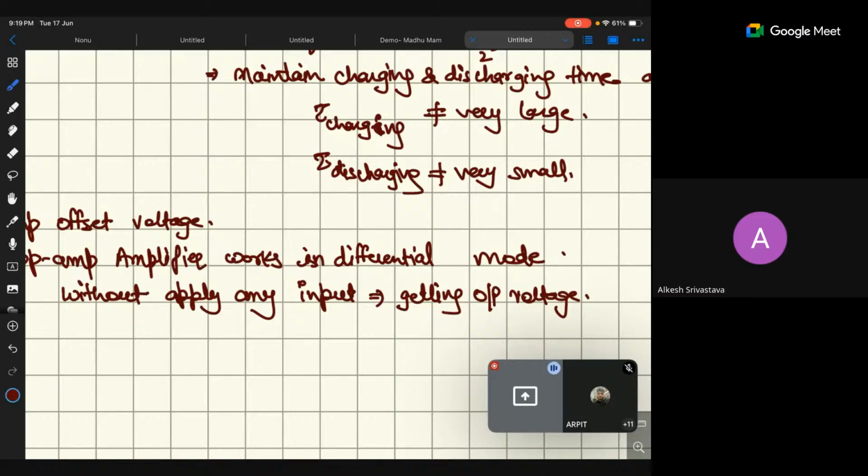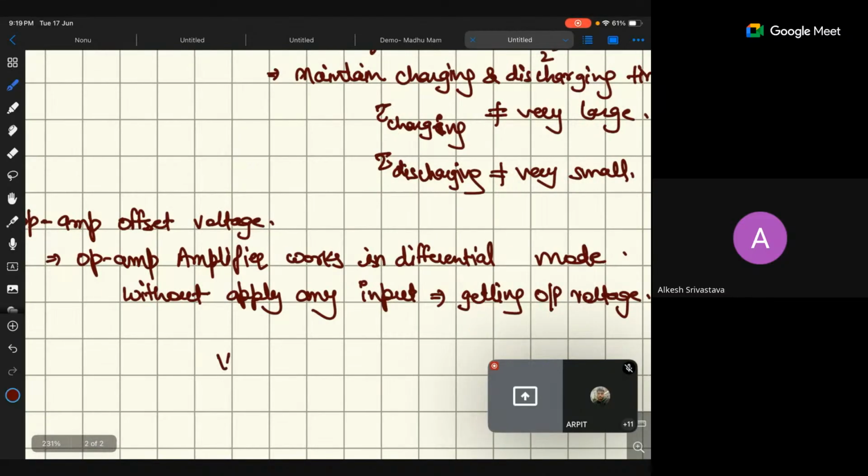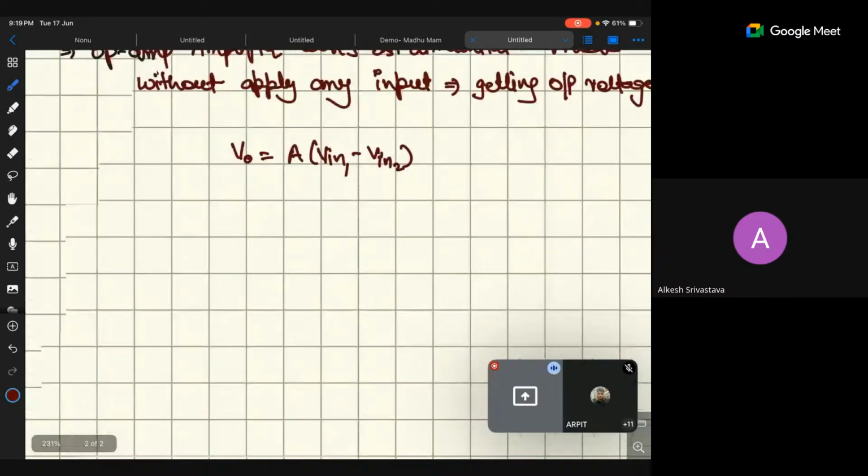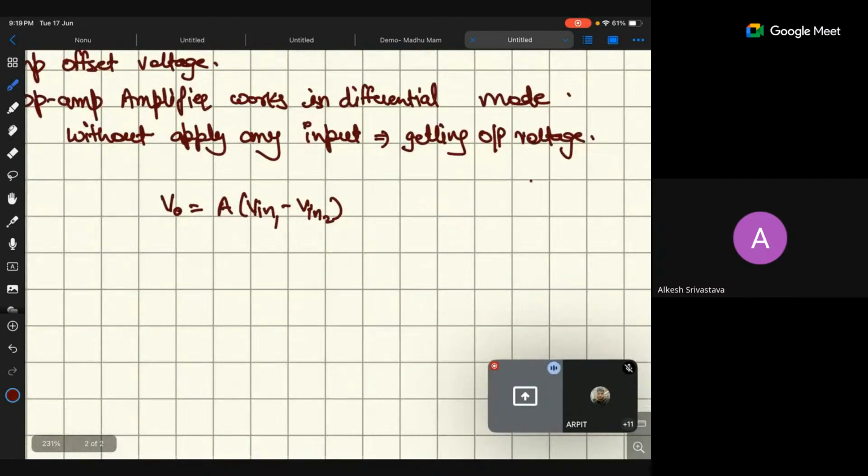So basically, V out is A times V in 1 minus V in 2. What is the meaning of differential mode? If we have an operational amplifier and we apply the input voltage on both terminals, V in 1 minus V in 2, this is called the differential mode.